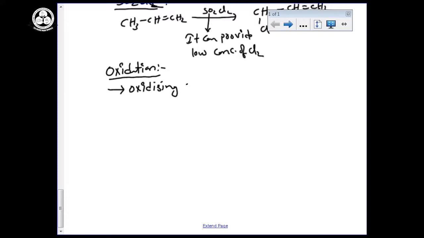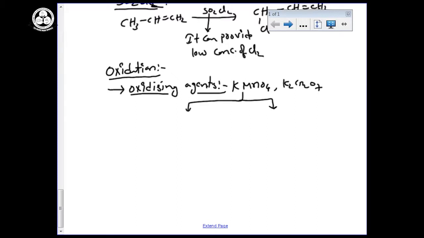Generally, the oxidizing agents we use in organic chemistry are KMnO4 and K2Cr2O7. KMnO4 we have two conditions. One is cold dilute condition, another is hot concentrated condition.